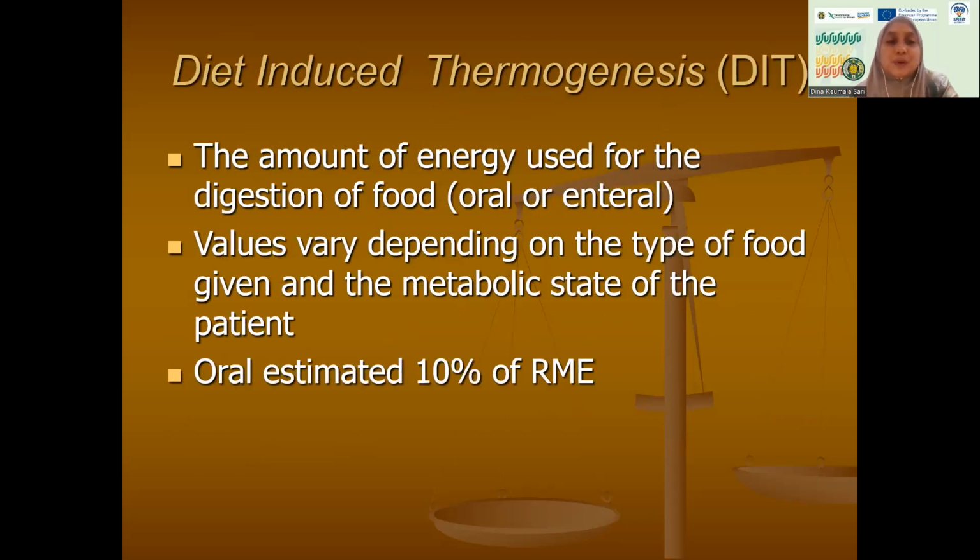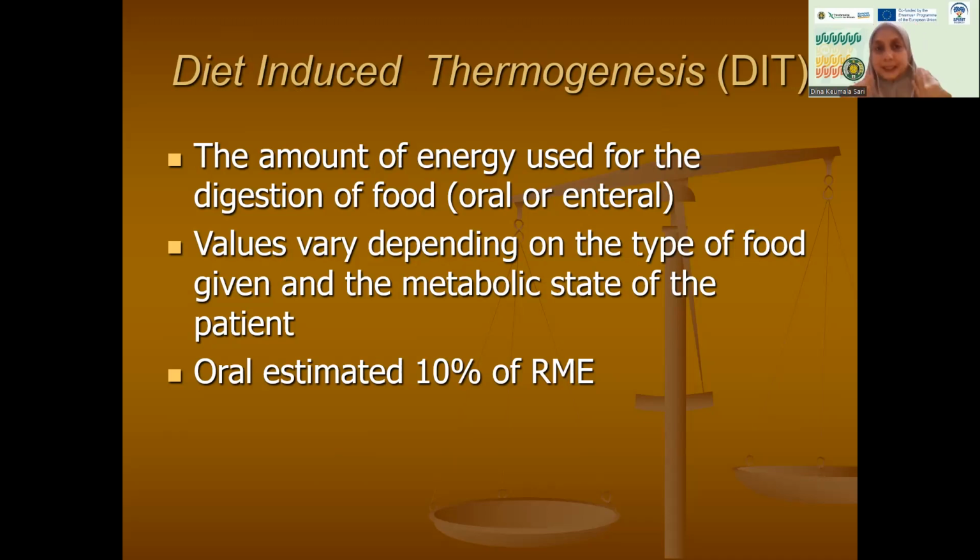We move to diet-induced thermogenesis. Diet-induced thermogenesis, or DIT, is the amount of energy used for the digestion of food, oral or enteral. The values vary depending on the type of food given and the metabolic state of the patient.